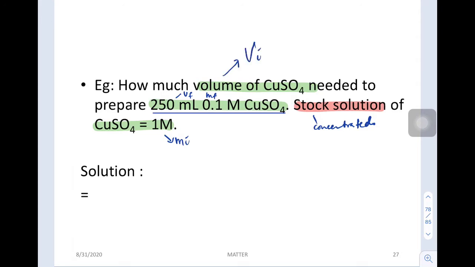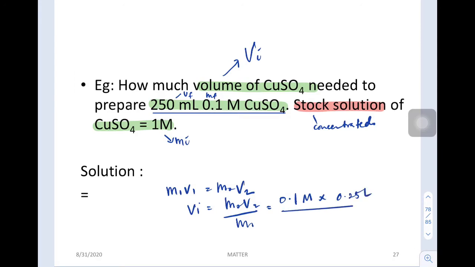So use the formula M1 V1 equal to M2 V2. We want to know V1, make it the subject. It is equal to M2 V2 over M1, equal to 0.1 molar multiplied with 0.25 liter over 1 molar.